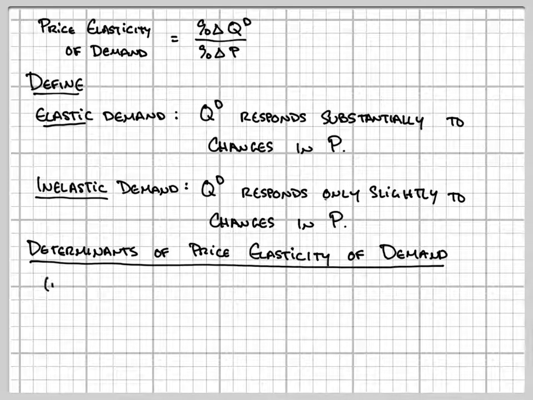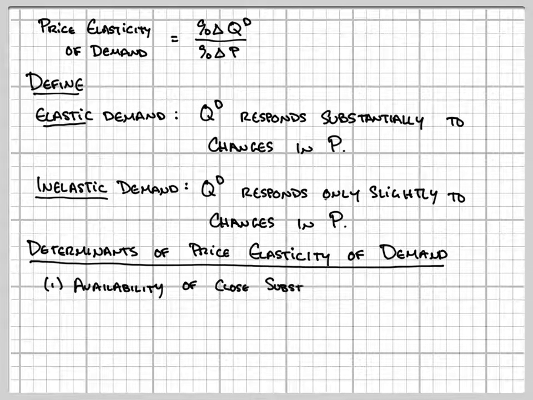One determinant is the availability of close substitutes. In other words, if there's a good that has a lot of other goods that are close to it, pretty close substitutes, those goods are going to be more elastic.